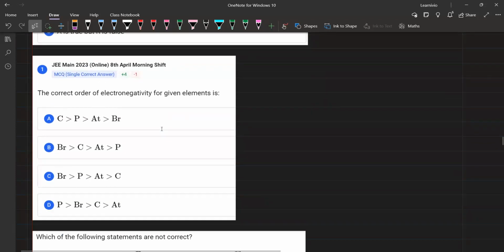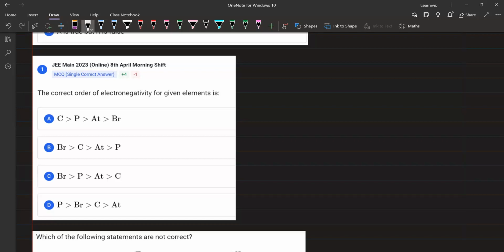Correct order for electronegativity. At least you can cross at least two parts here.